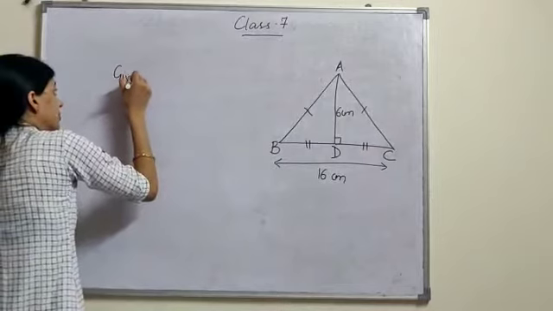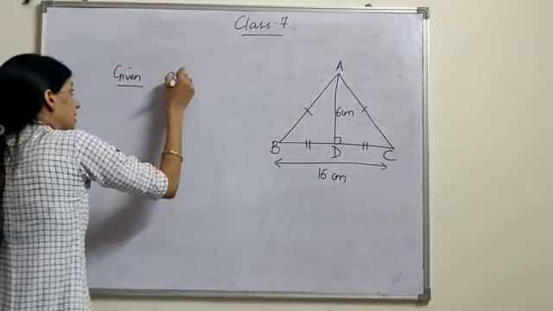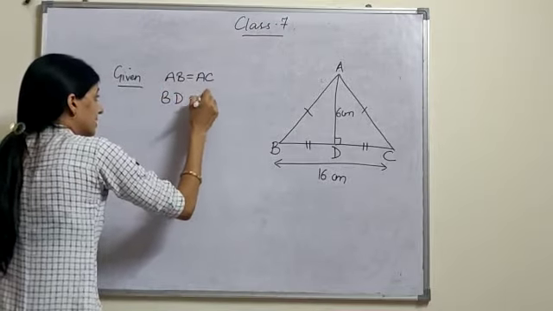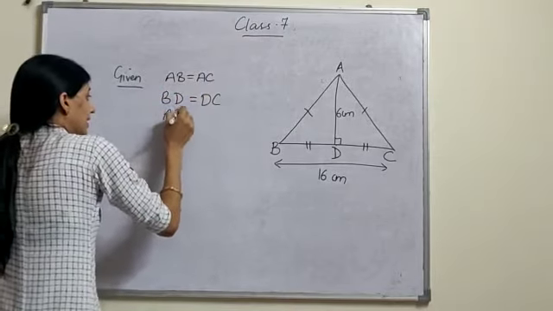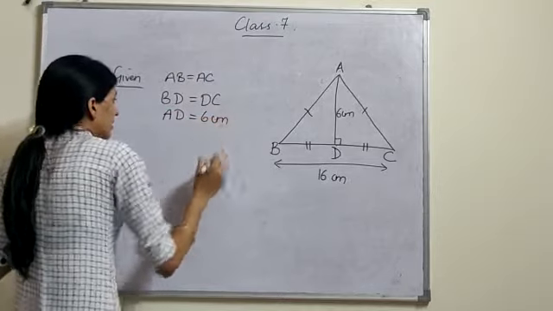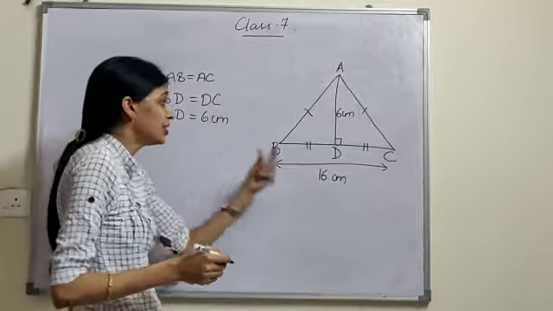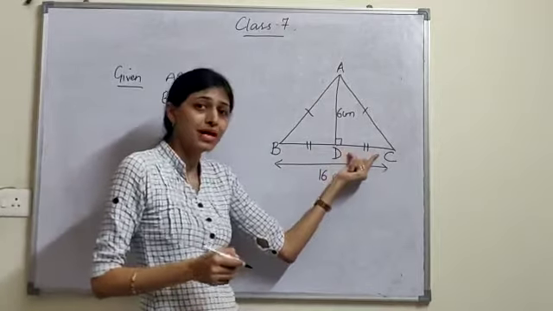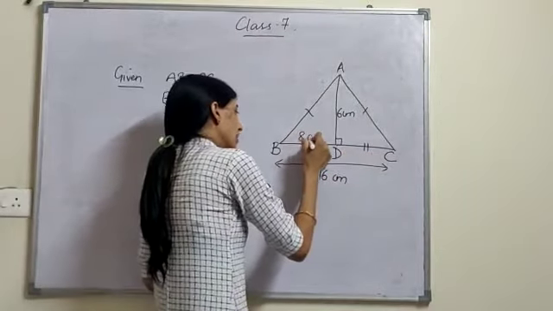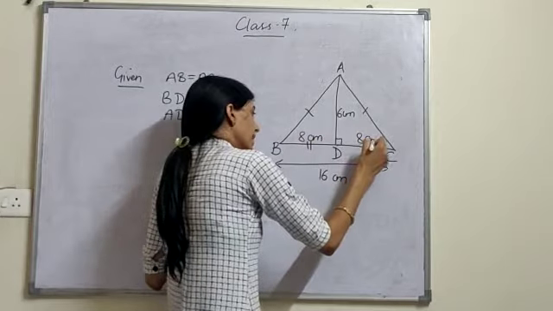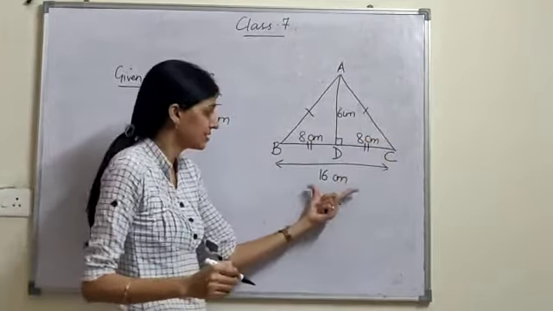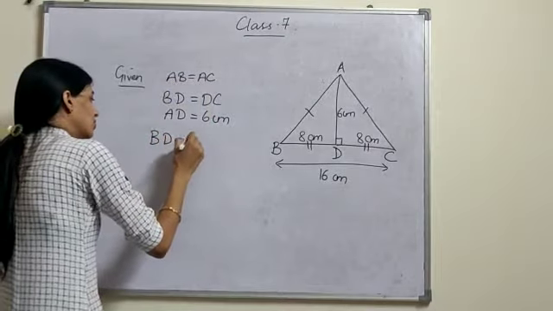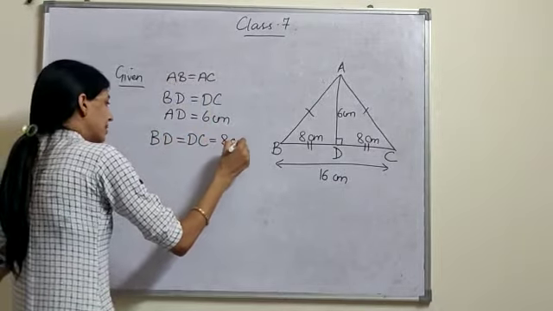What is given to you? AB equal to AC, BD equal to DC, AD is 6 centimeter. If BD is equal to DC, whole BC is 16. So these two are equal parts. That means this is 8 and this is 8. 8 plus 8 is 16. So BD equals DC equals 8 centimeter.